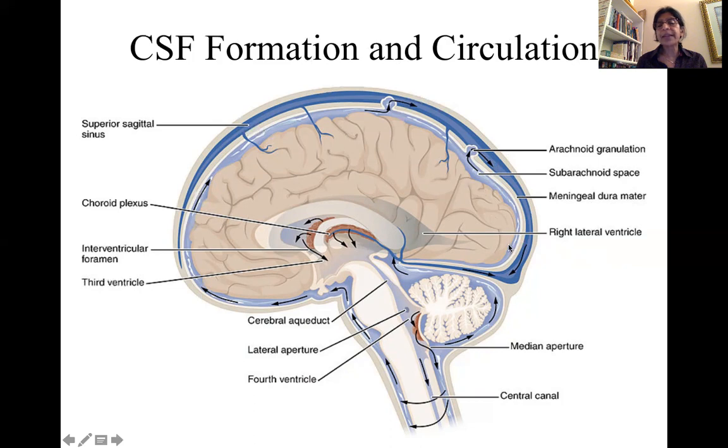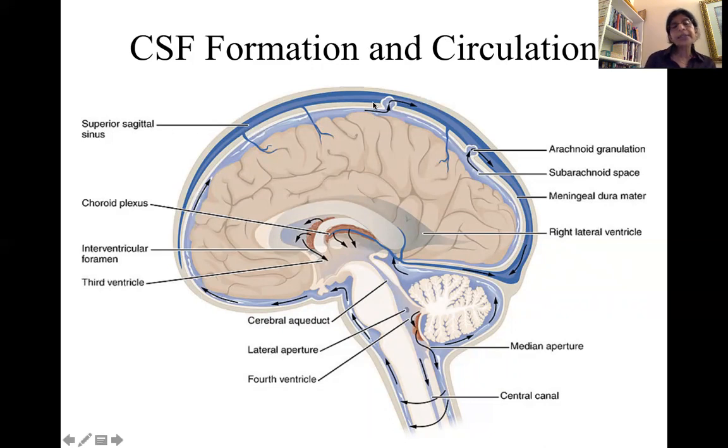Pia mater would be right next to the tissue. This is our subarachnoid space. Subarachnoid space is below the arachnoid, and then you have arachnoid, and then the dura mater is this bluish layer. That's where you saw the blood vessels before, the capillaries, and let's think about them as leading to veins eventually.